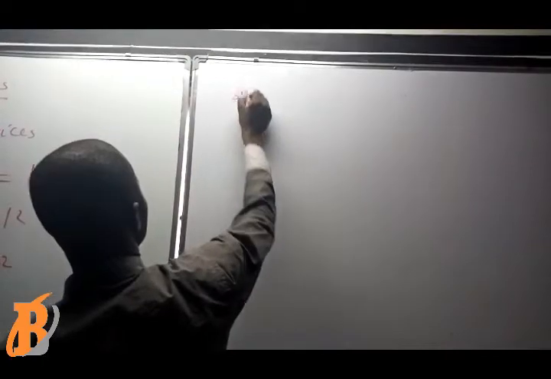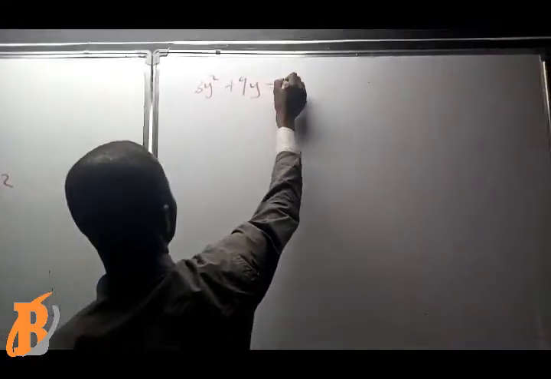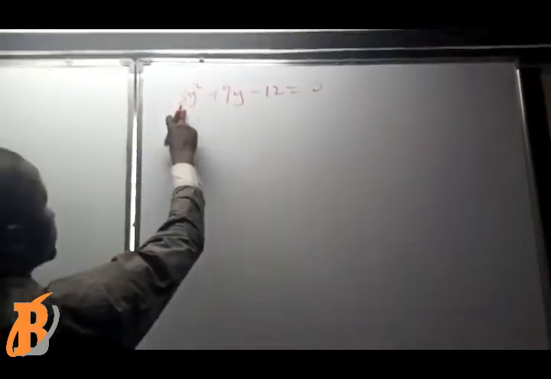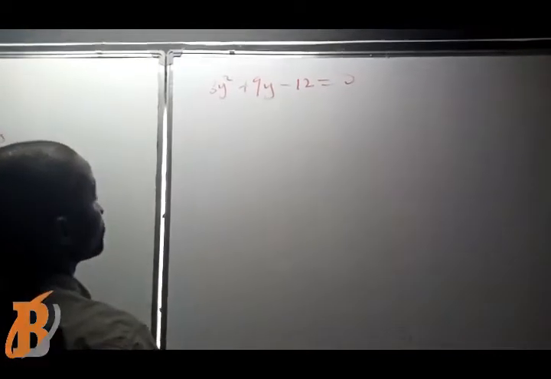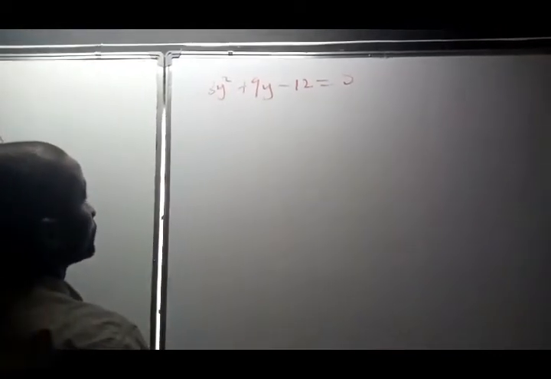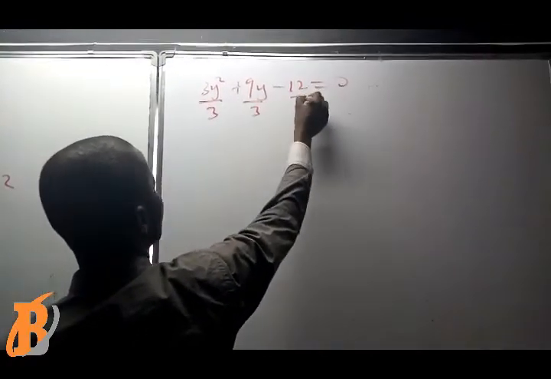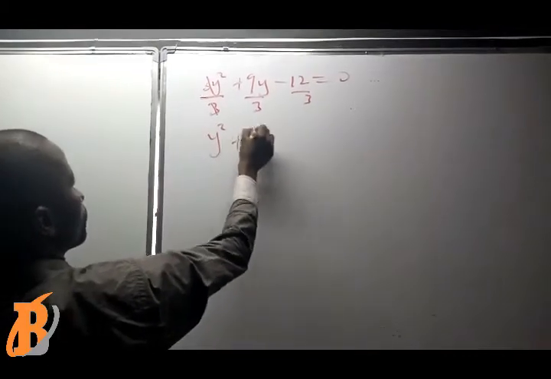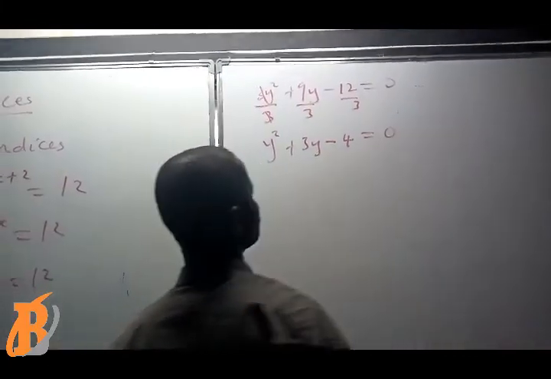Now 3y squared plus 9y minus 12 equal to 0. 3, 9, and 12 have something in common. 3 is their factor. Divide through by 3 to reduce the value. That's y squared plus 3y minus 4 is equal to 0.